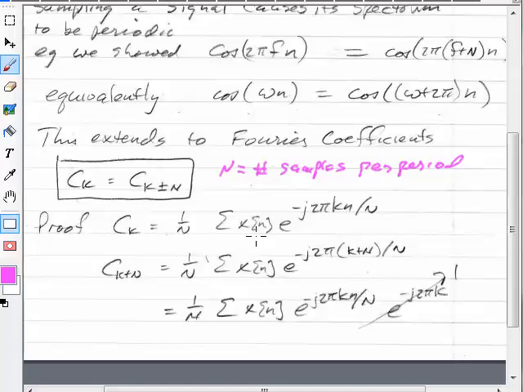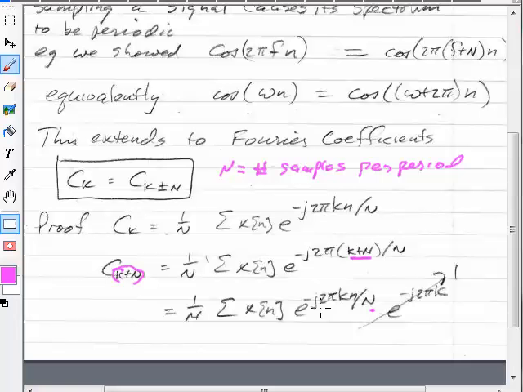Here are the Fourier coefficients. If I take k and replace it with k plus N, let's see what we get. Well, I can factor out the k plus N into one term that's got k, and then a term with big N, which is e to the minus j 2 pi big N over big N. The big N's cancel, and I just get e to the minus j 2 pi times 1.